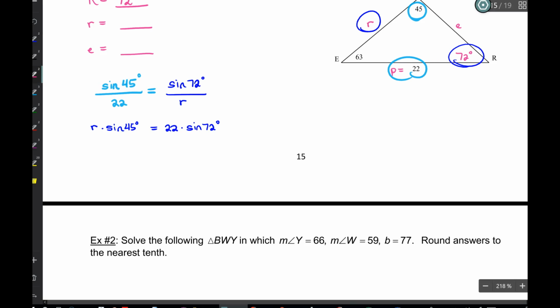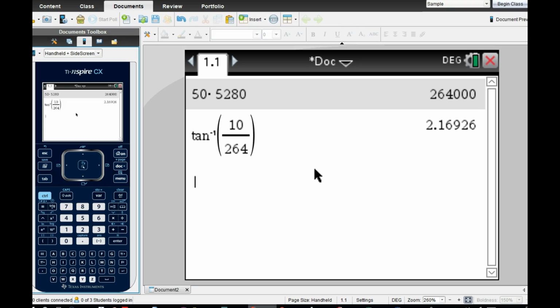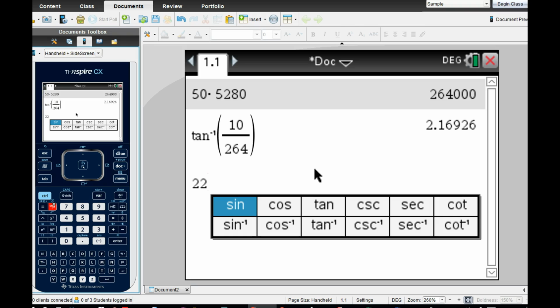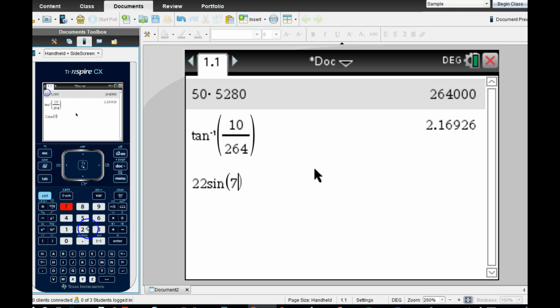So now we just have to be careful when you type this into your calculator. What do we have? It was 22 times what? Sine of 72.